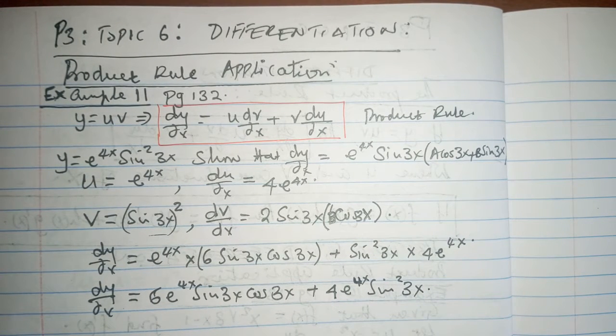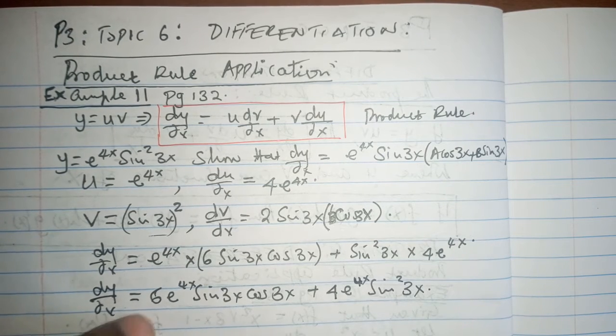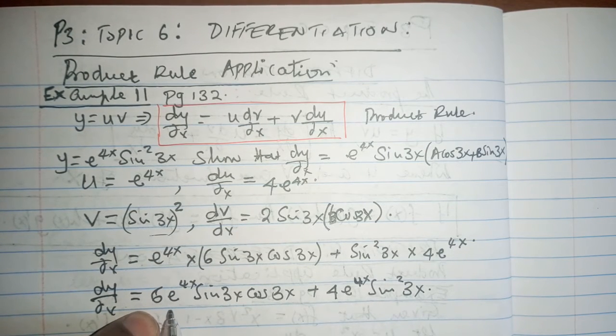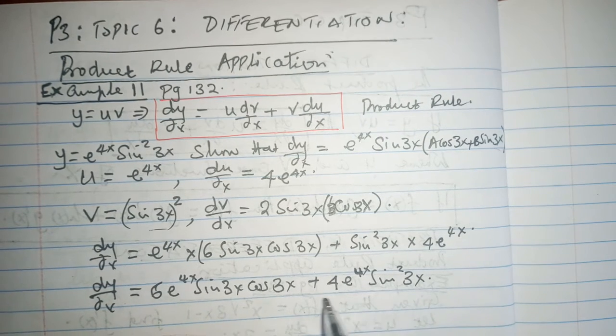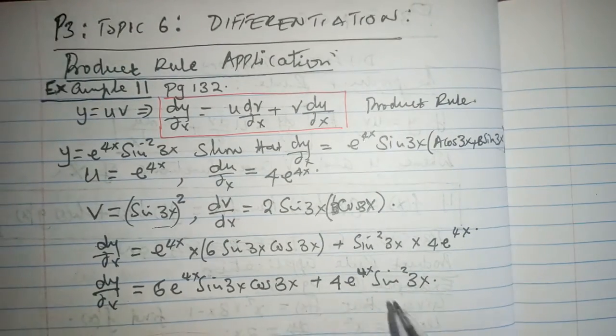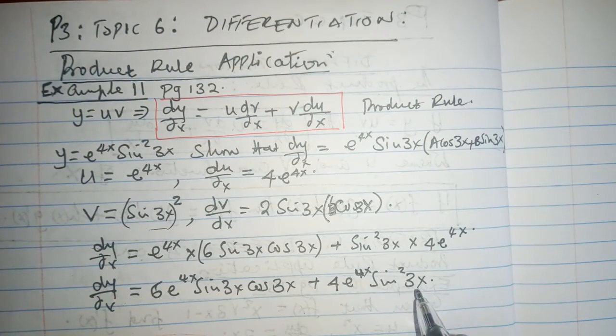And that is it. Of course, with that, we can talk of 6e^4x sine 3x cosine 3x as one term, plus 4 e raised to the power 4x sine squared 3x as another term.